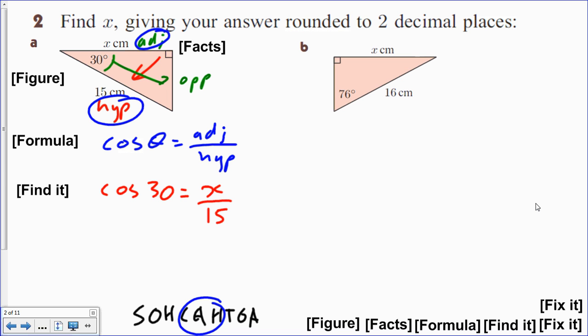We now continue on with our find it section, rearranging. Dividing by 15 is times by 15, so 15 cos 30 equals x. So therefore x equals, and this is where we need to use our calculator again.